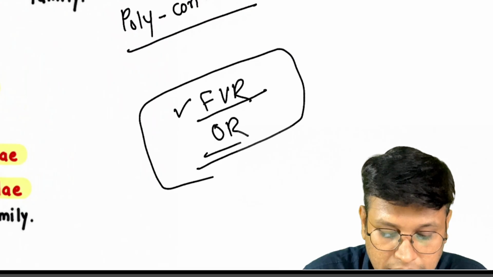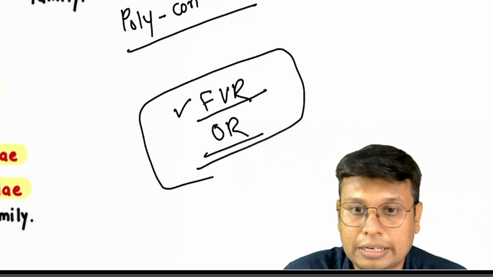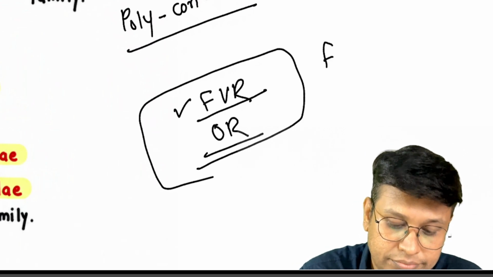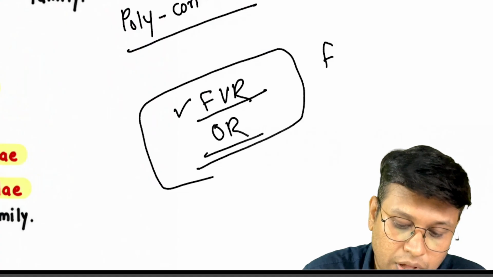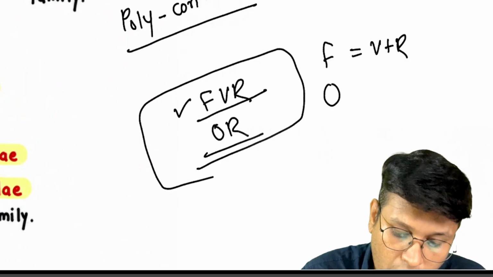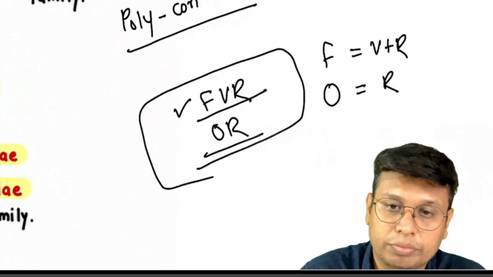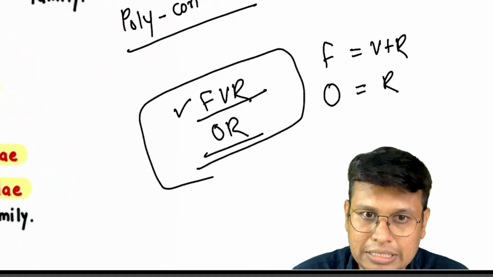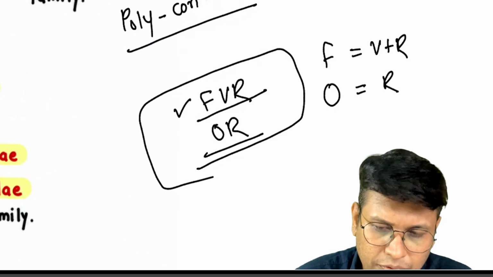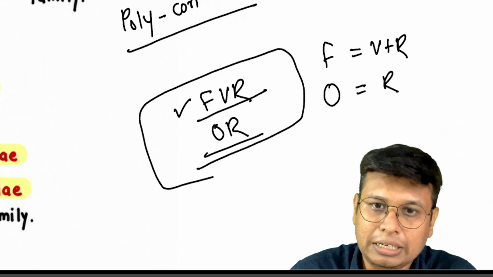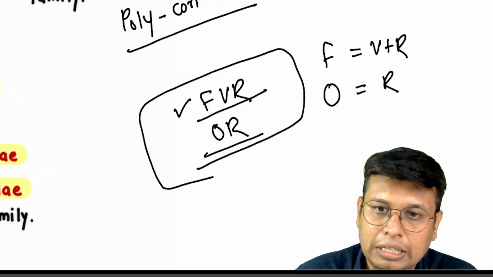Family: vegetative and reproductive. For order, only reproductive characters. If you remember this, I think one of the very few questions asked from these topics will be based on this, whether family or order.